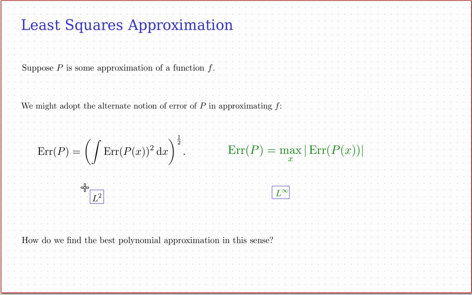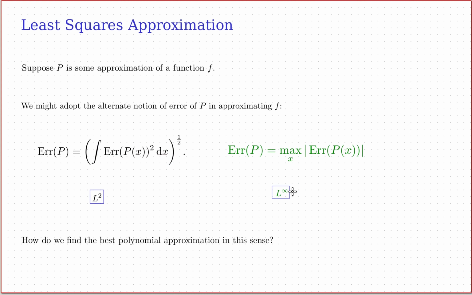So, incidentally, these two measures of the size of the error have shorthand notations. This is kind of like L2 error, and this is L infinity error. L is for Lebesgue. He was a very famous mathematician who worked on integrals, and the 2 is for the power here, right? So L2 is because we're doing an integral of the square.